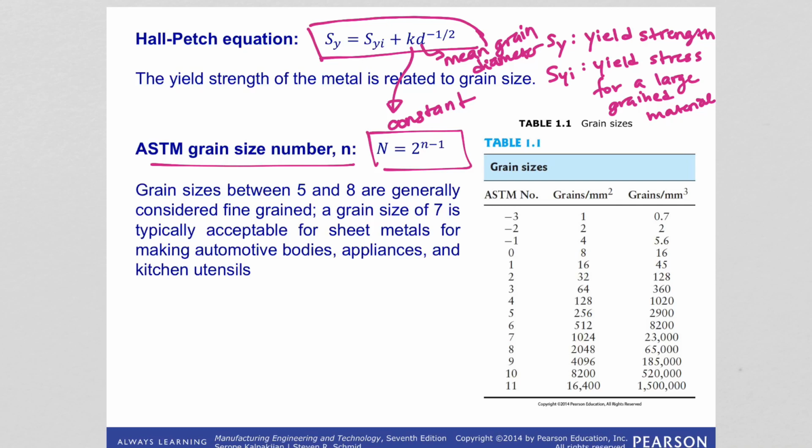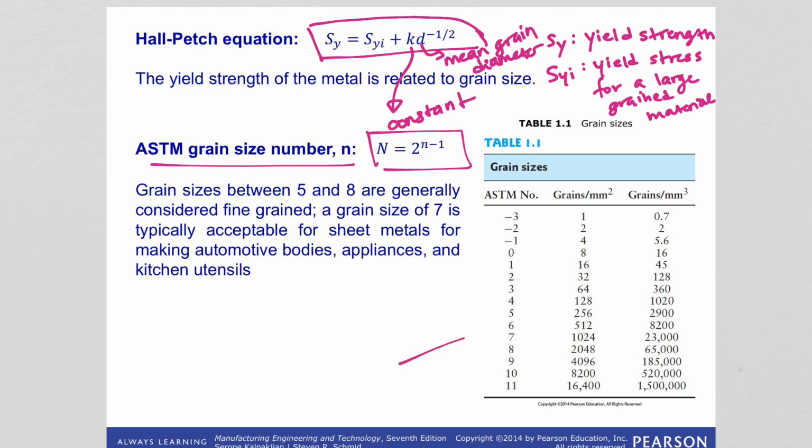For example, a grain size between 5 and 8 is considered fine grained, and a grade of size 7, for example, is usually accepted for sheet metals for making automotive bodies, appliances and kitchen utensils.